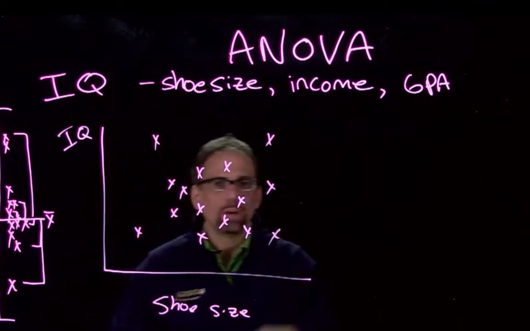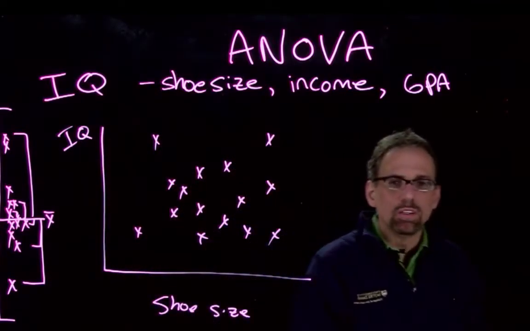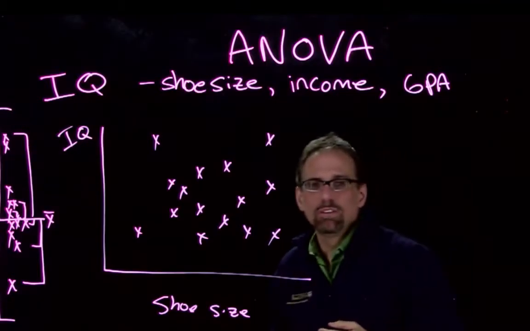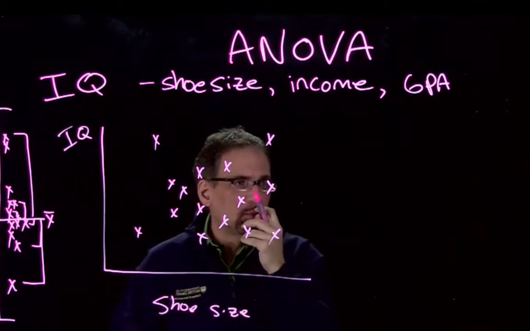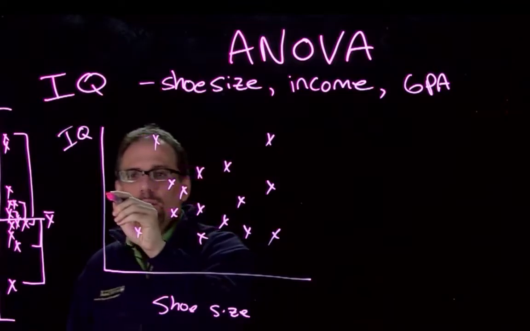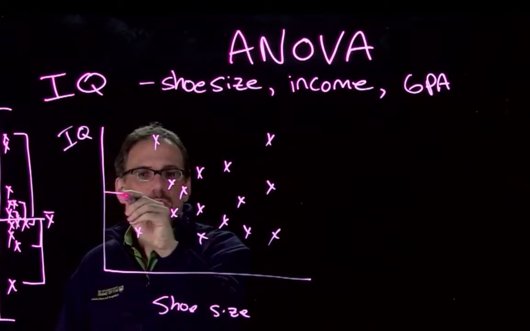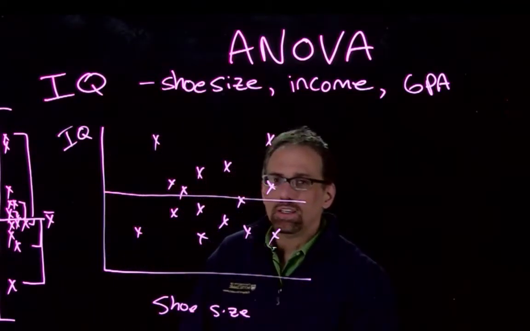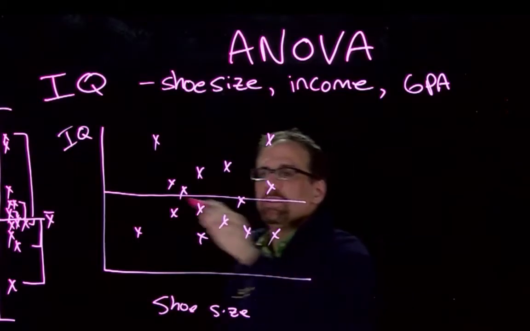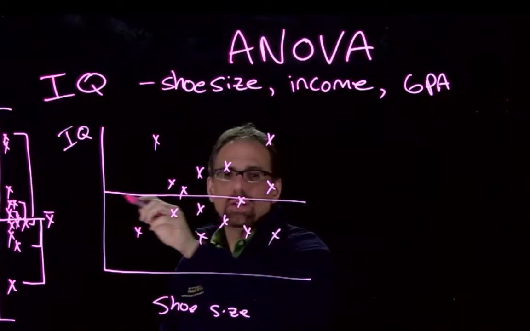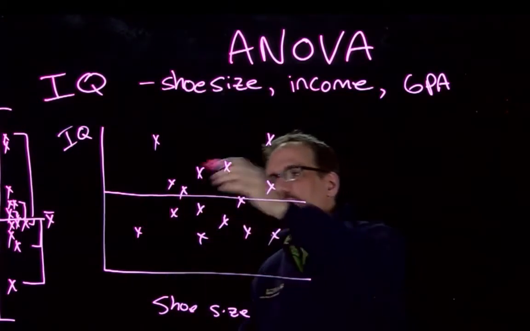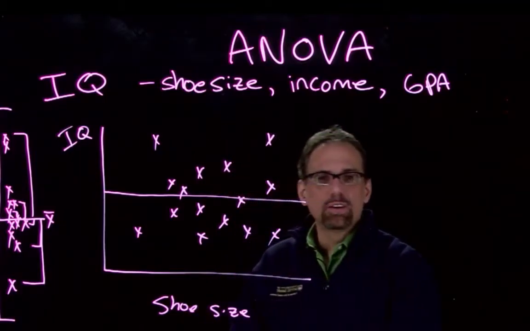And it just looks like a random scatter of points because there's not any relationship. Shoe size doesn't really predict IQ. And so this would be, say this is the mean of IQ there in the sample, and we have these shoe sizes that are just randomly scattered all over the place.